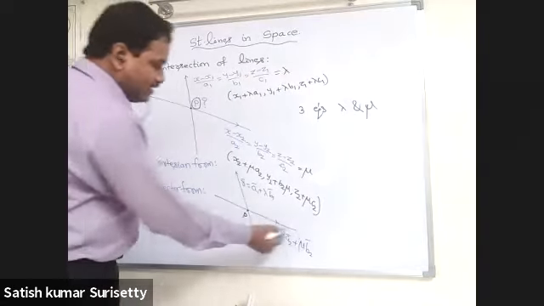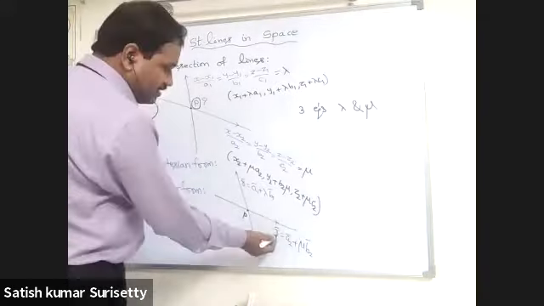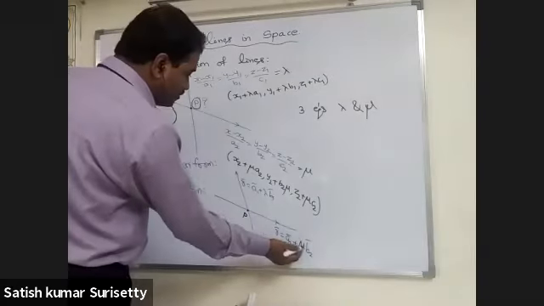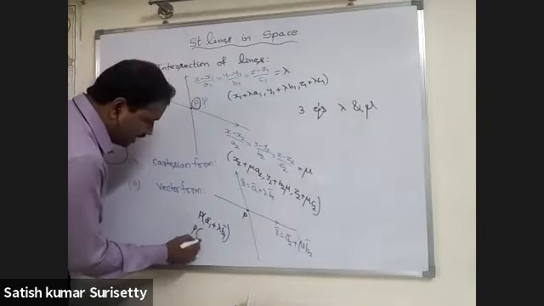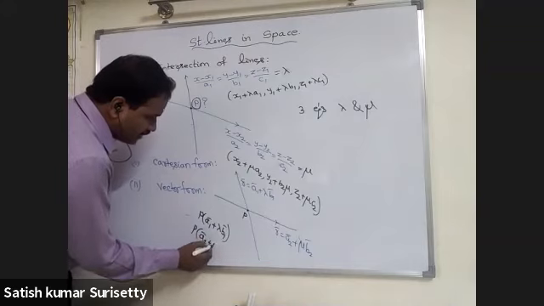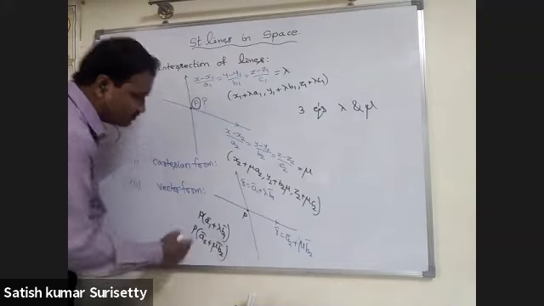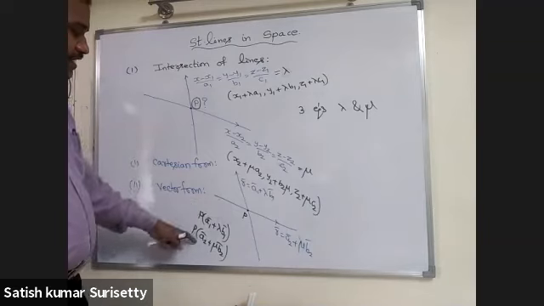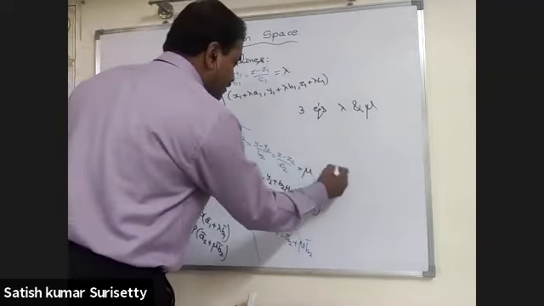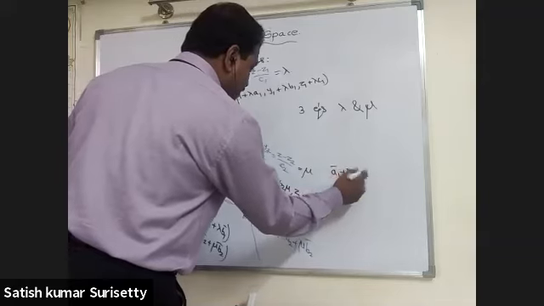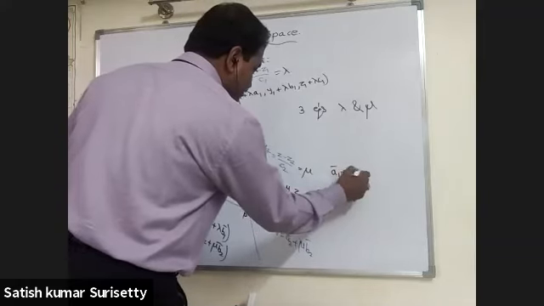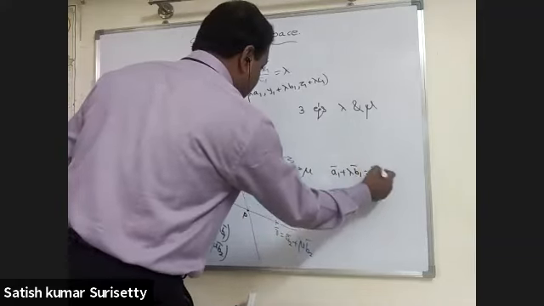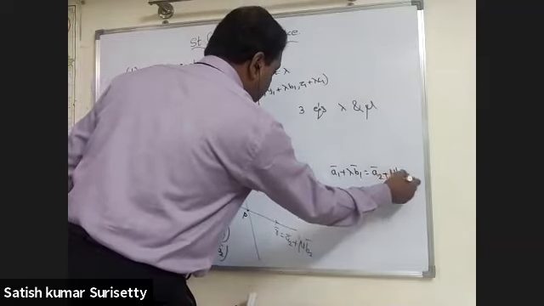On the other line, any point r bar is a2 bar plus mu b2 bar. Now both correspond to the same point p. Equate: a1 bar plus lambda b1 bar equal to a2 bar plus mu b2 bar.